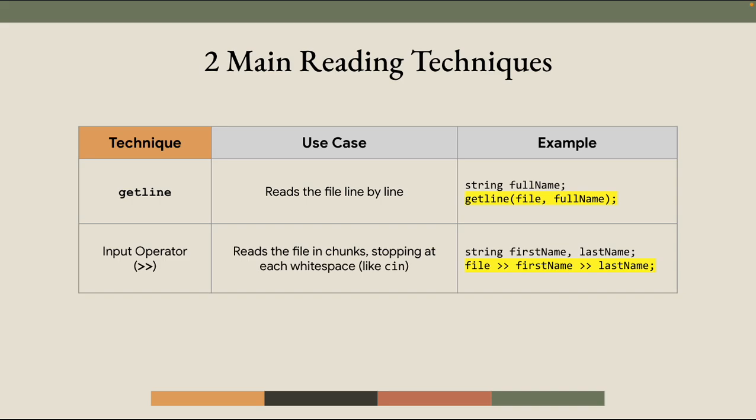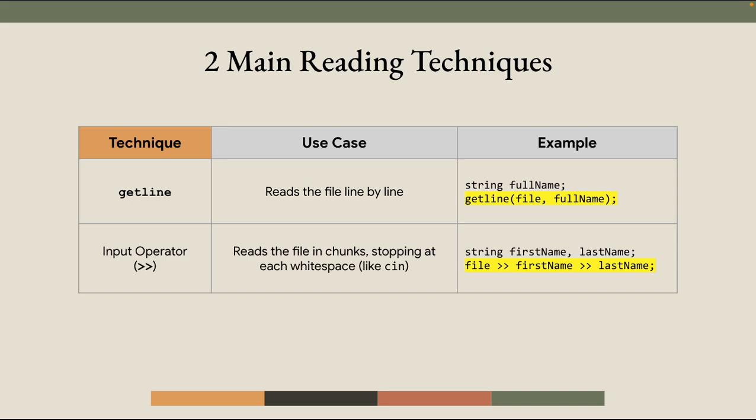That's all this is doing. The input operator is saying read two values, store the first one inside first name, store the second one inside last name. So for that iteration of the loop, you have two variables, one for first name, one for last name. Versus if I use getLine, I only get one variable that has the whole full name inside of it.